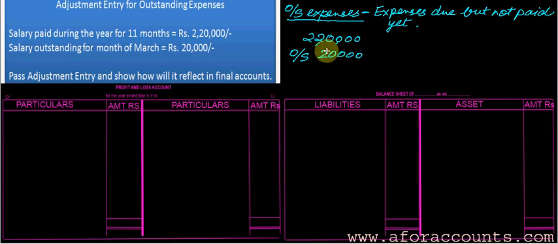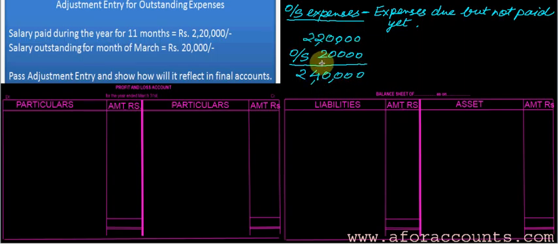That means for the month of March, that is for 1 month, the person who was working for me has done the work, but I have not paid him the salary. So the total expense for this year should be 2,20,000 plus 20,000, that is 2,40,000. But if I see only the cash aspect, it is 2,20,000.